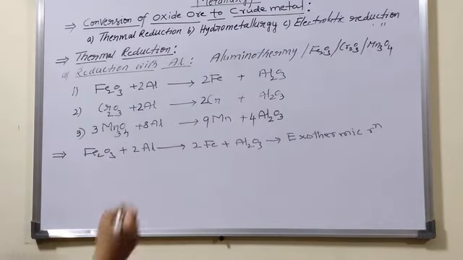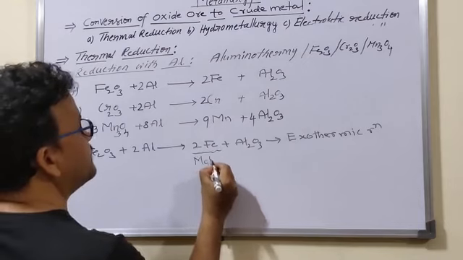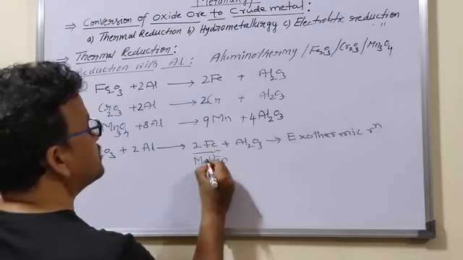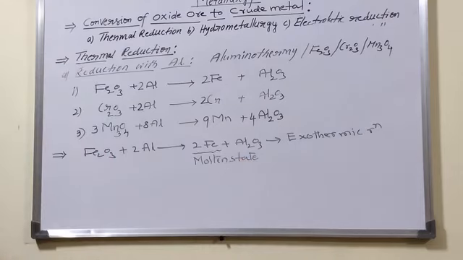That's why we get iron here in molten state. Highly exothermic reaction means heat energy is evolved, which is why iron is obtained in molten state.